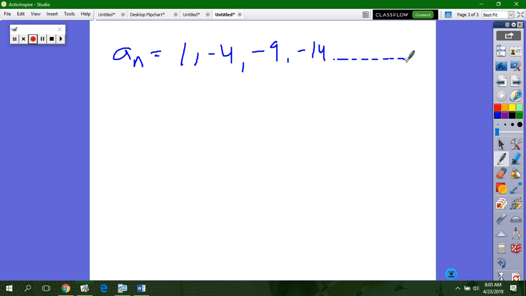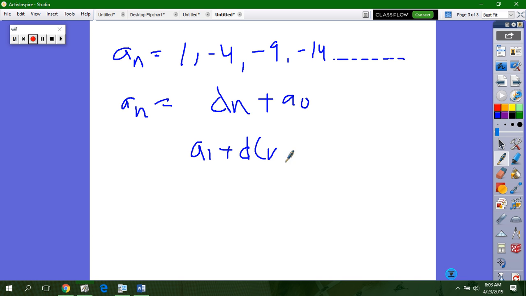I want you to find the nth term, or the a sub n. We have two different ways. Remember, we just did this way, d times n plus a sub 0, or you could go a sub 1 plus your difference times n minus 1. Both of them will get you there. Go ahead and try it on your own.